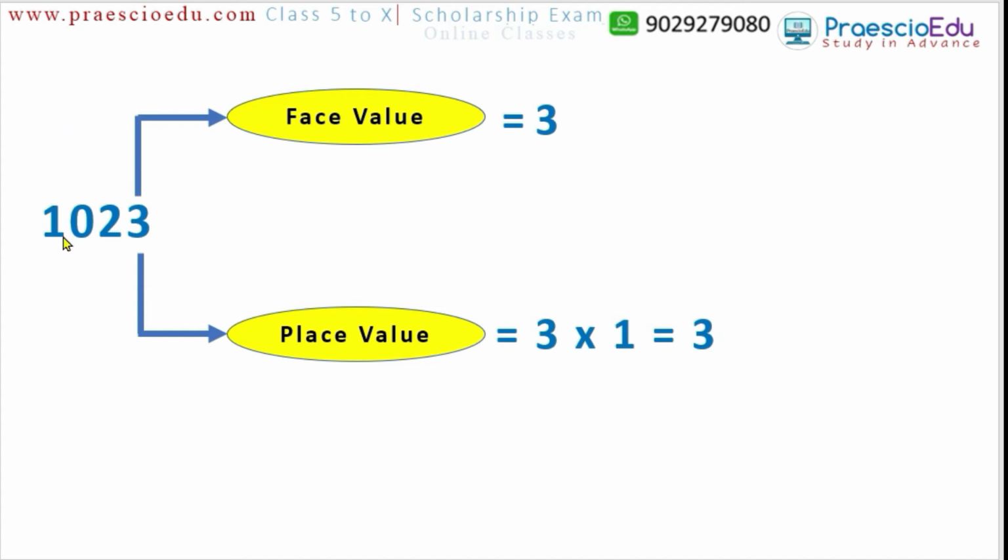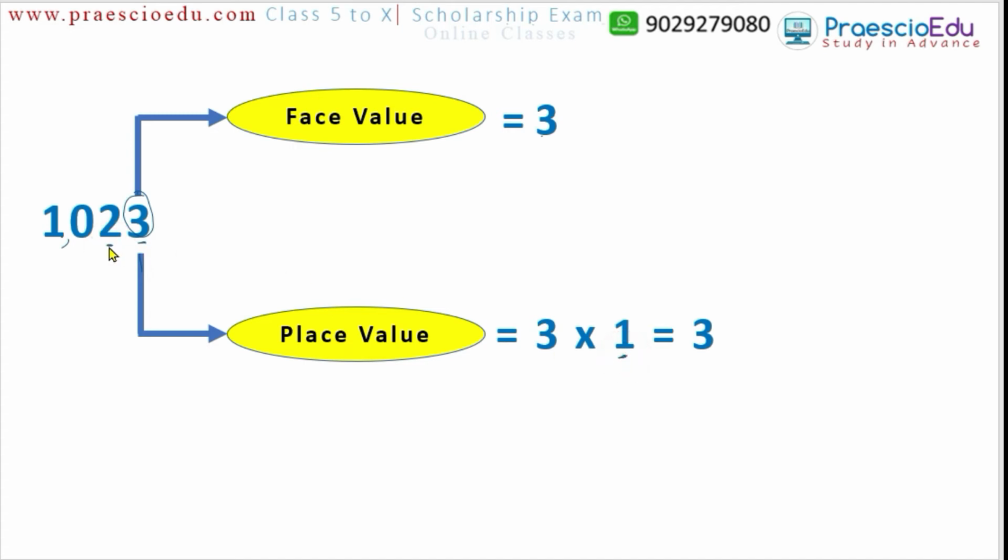Suppose this is a number, 1023. In this one, the digit 3 is the face value; we are not looking at its position. If we look at its position, here the position is the unit, so unit means 1.